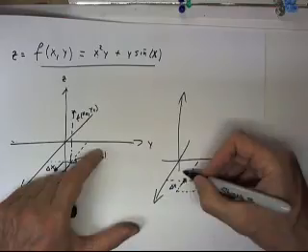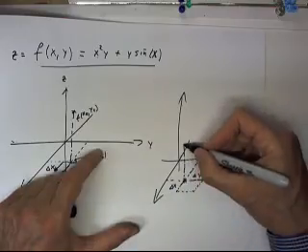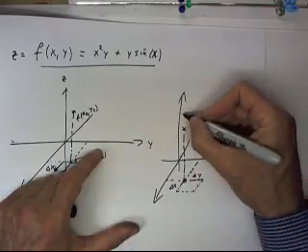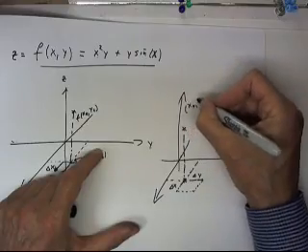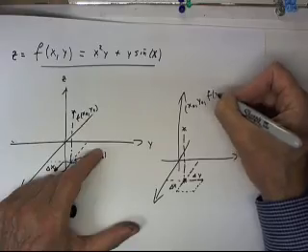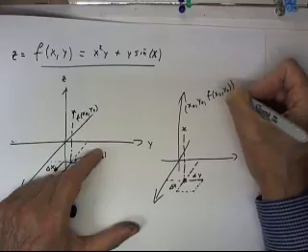Now let's just consider the delta y part here. So here's our graph point, and let's label this point x naught, y naught, f of x naught, y naught.